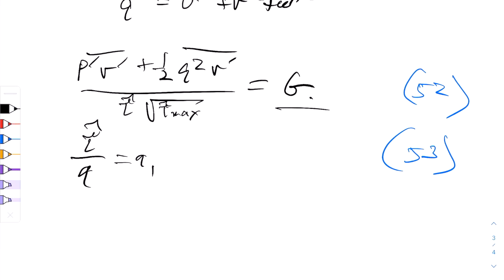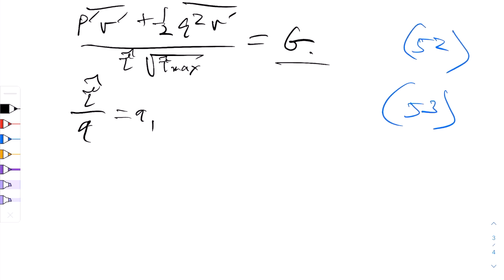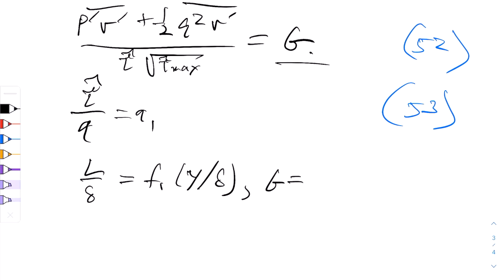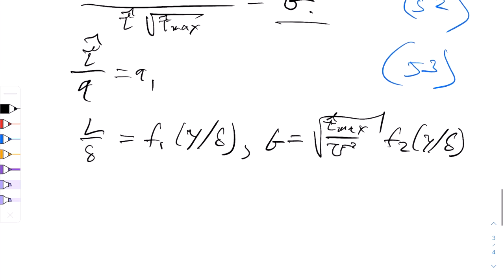These are determined through calibration of particular experiments that Bradshaw and his co-workers looked at. And they proposed empirical closure equations for G, A1, and L. They wrote L over delta will be some function, which they find, of y over delta. And they proposed G goes as the square root of tau hat max all over U squared, where U is the edge velocity or free stream velocity, times f2 of y over delta, where f2 is another function.